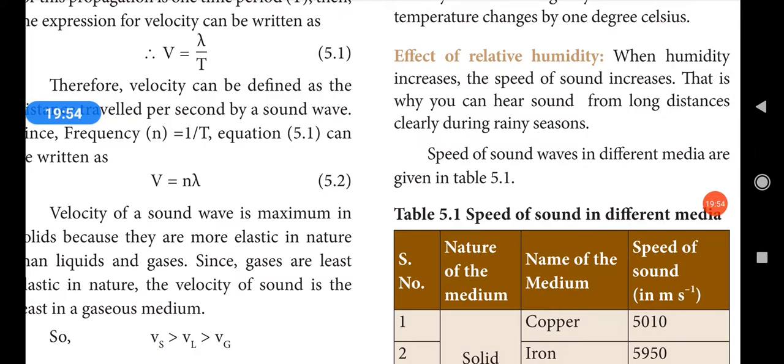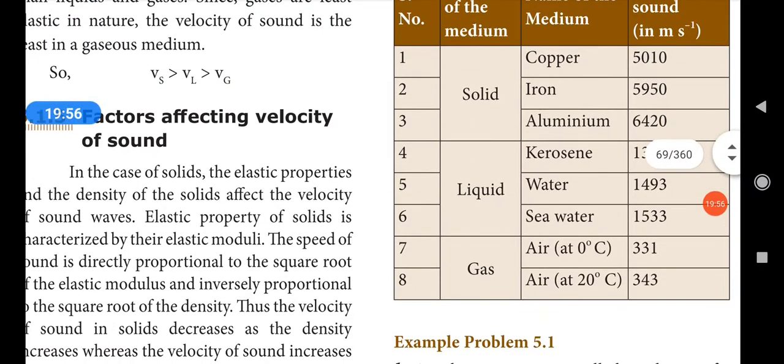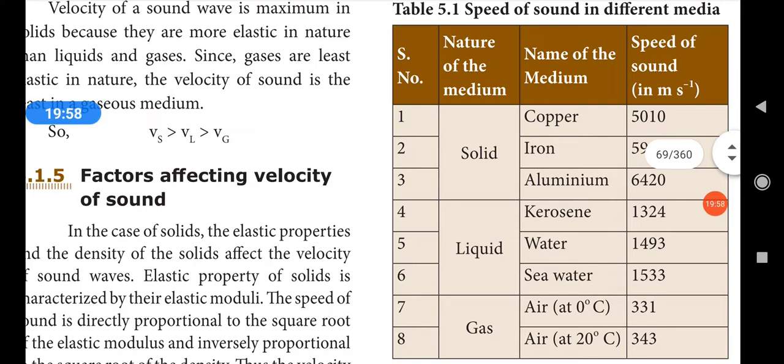Speed of sound waves in different media are given in the table. See, when we consider solid, in copper, speed of sound is 5010 meter per second. In iron, 5950 meter per second, and in aluminium, 6420 meter per second.